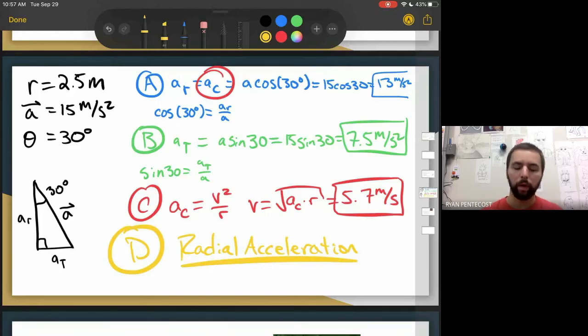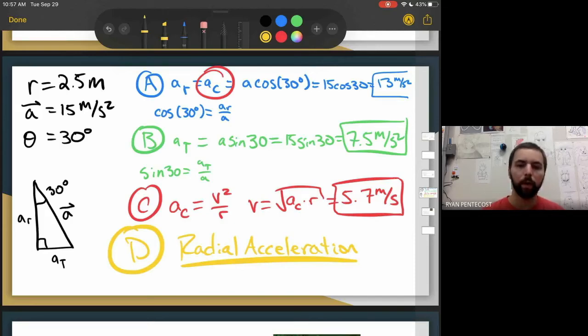So radial acceleration is what causes the direction change, and it's what usually is the leading factor in uniform circular motion. It is also the one that we have all of the equations for. So that is going to be the one that will lead you to tangential velocity change.